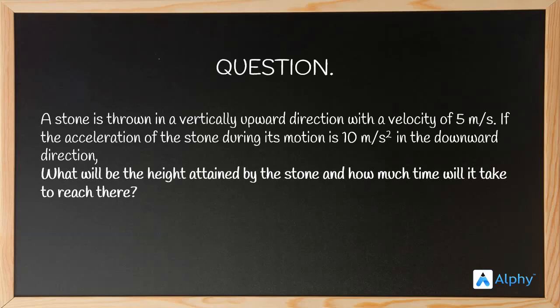When the stone has gone up and is coming down, its acceleration is 10 meters per second square. Hence, I can understand that when it went up also, the value was the same, still 10 meters per second square, but in the opposite direction of gravity. Hence, it is negative. So when I calculate this acceleration, I will take it with a negative symbol.